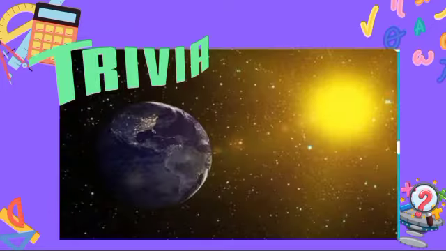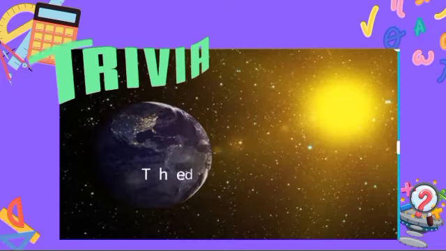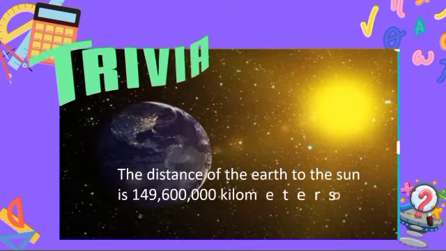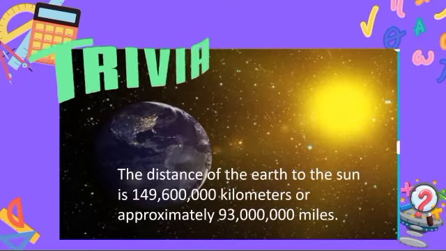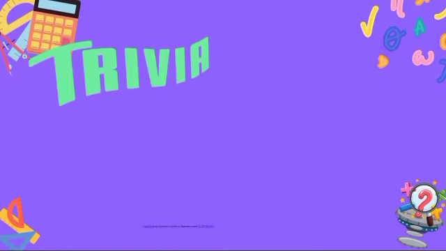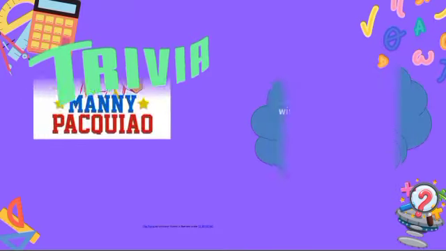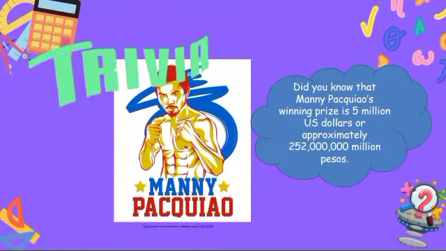Did you know that the distance of the Earth to the Sun is 149,600,000 kilometers or approximately 93 million miles? Did you know that Manny Pacquiao's winning prize is 5 million US dollars or approximately 252 million in Philippine pesos?